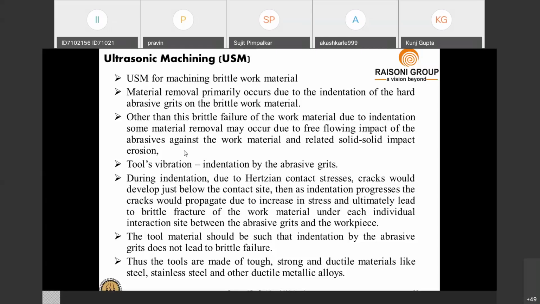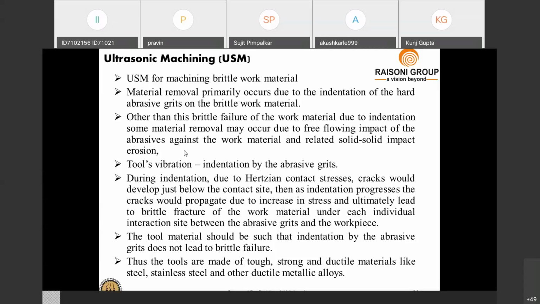So for two reasons material will get removed. First one is due to the brittle fracture or brittle failure. Next one is due to the free flowing impact of abrasive grains, and work material gets removed from the workpiece.